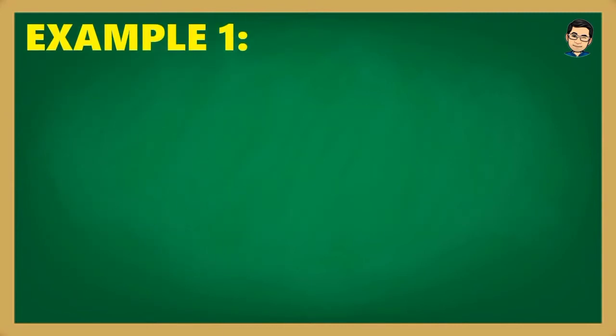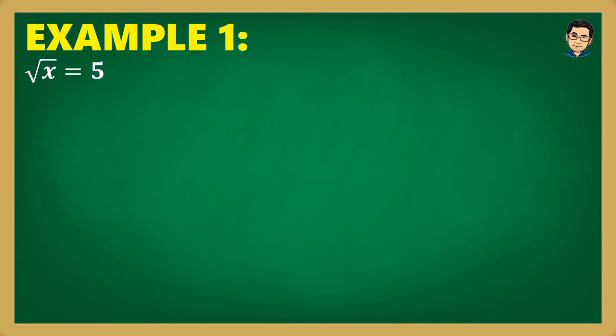So, let us have the first example. Square root of x is equal to 5. The first step is to isolate the radical, but since it is already isolated, we go to the next step, which is to raise both sides of the equation to the index of the radical. The index is 2, since it is a square root.